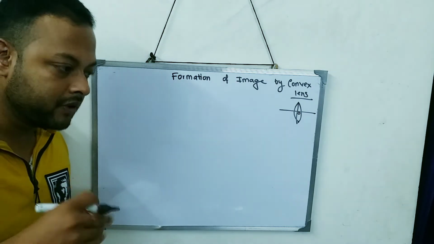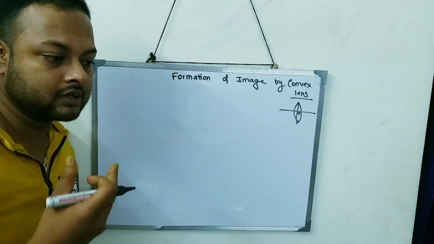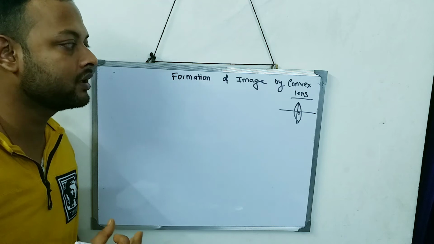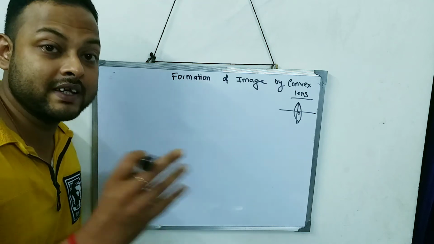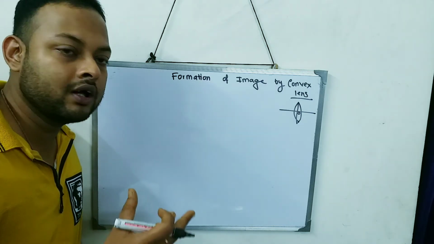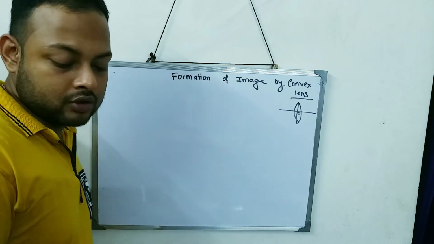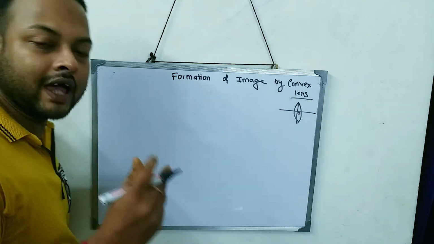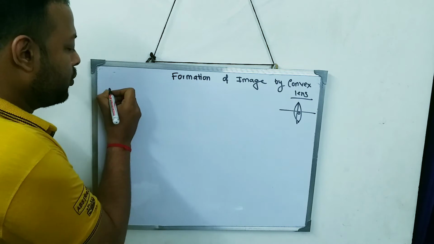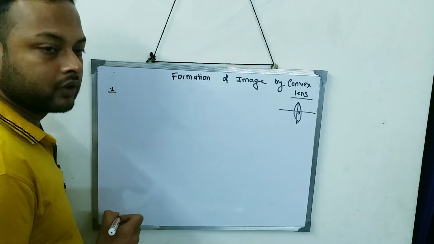So before we study the ray diagrams, we have to study the basics of how the rays are getting formed. To study the basics, we have to learn three rules for today.